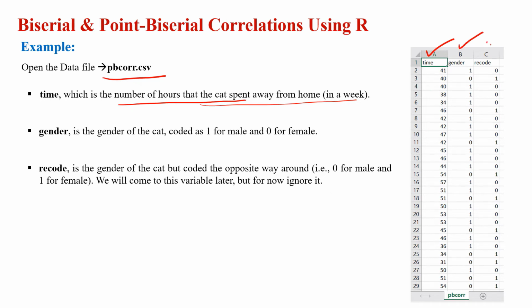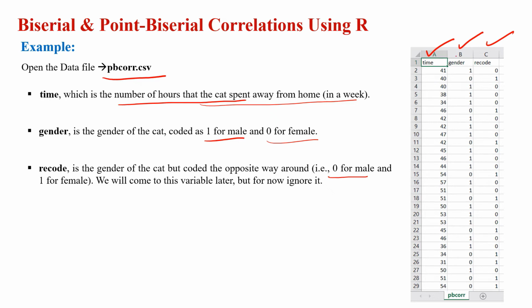The second and third variables are categorical, or dichotomous, such as 0 and 1, where for gender 1 represents male and 0 represents female. And then record is the opposite of gender, where we have represented 0 with male and 1 with female. Why we have done this, we will show you, especially when we apply the point biserial correlation coefficient.